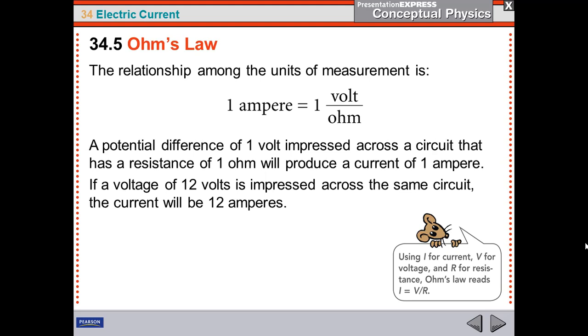A potential difference of 1 volt impressed across a circuit that has a resistance of 1 ohm will produce a current of 1 ampere. So this is very important. If a voltage of 12 volts is impressed across the same circuit, the current will be 12 amperes.